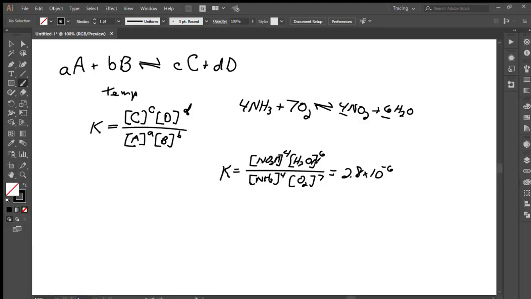But we've got 4 plus 6, which is M to the 10th, over 4 plus 7, M to the 11th. They cancel out on top, and we're left with 1 over molarity. So that's our units. Okay, that should make some sense to you, hopefully.